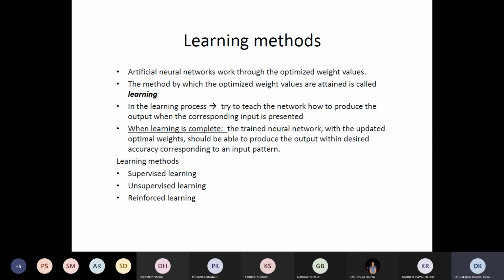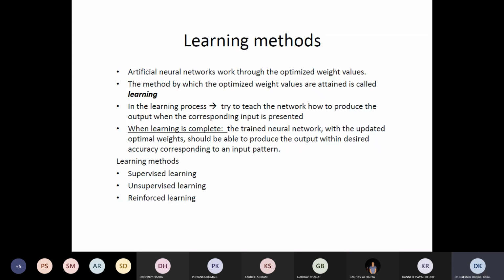When we train the artificial neural network, we can obtain the optimized weight values. In the learning process we try to teach the network how to produce the output when the corresponding input is provided.